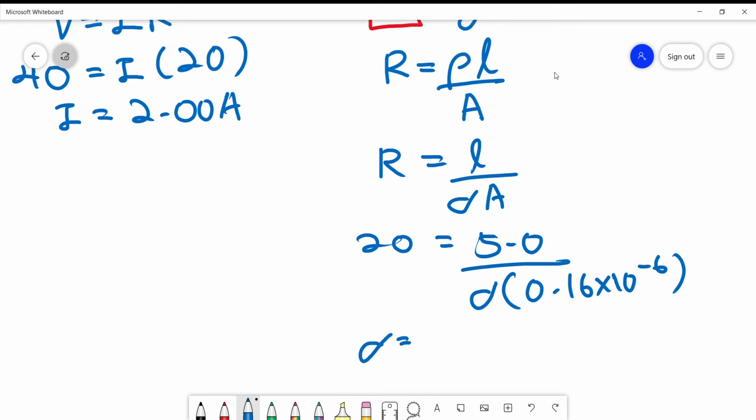So after calculating, the sigma I get is 1.563 times 10 to the power of 6.